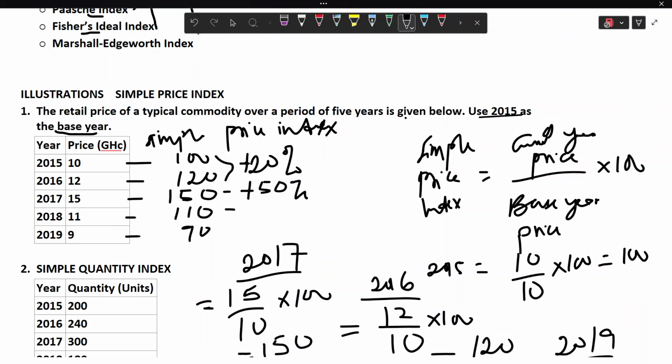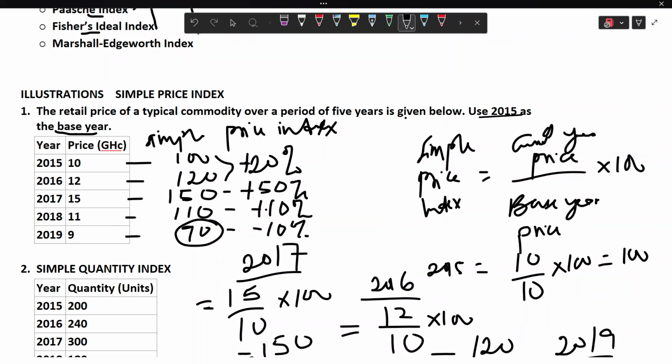Then for 2018, by 10%. But when you get to 2019, we are having 90, meaning that there was a decrease in price by 10%. So this is how we interpret the index numbers. We compare it with the base period.